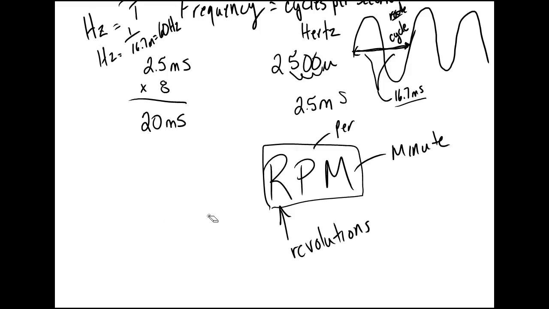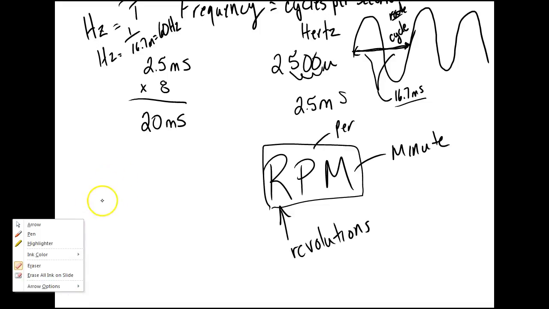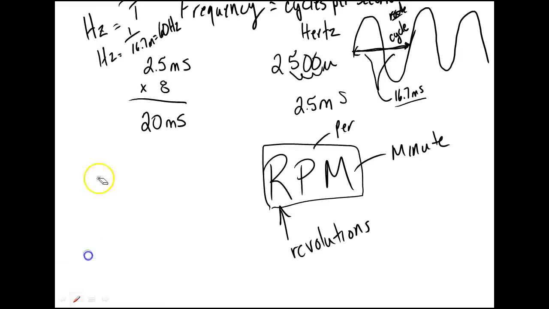So what we need to do now is this is the time per revolution, right? You understand that? Now I need to get it into the speed. So I'm going to take my speed in revolutions per second, which would be equal to 1 over 20 milli.